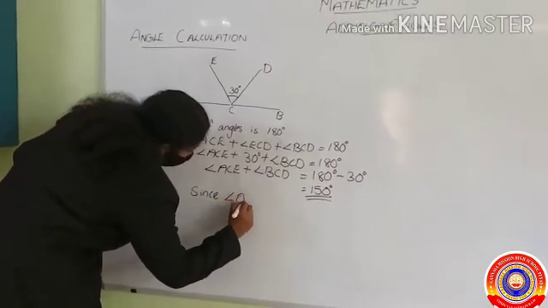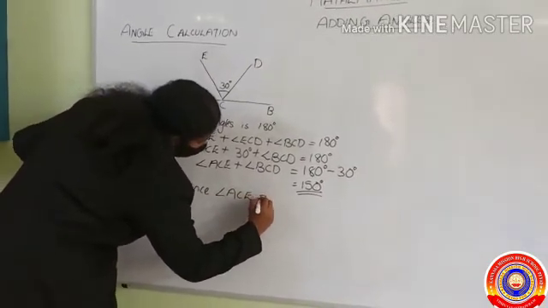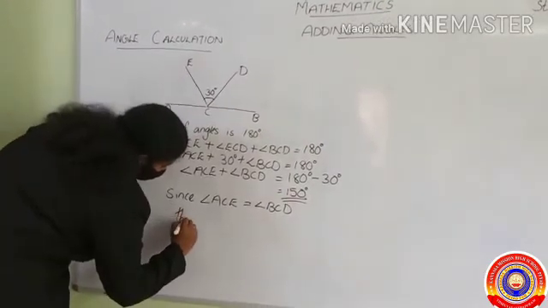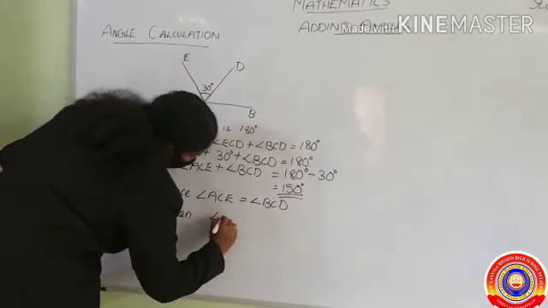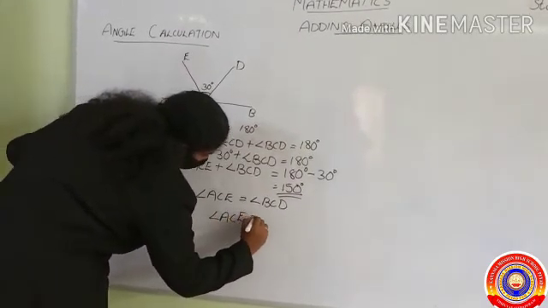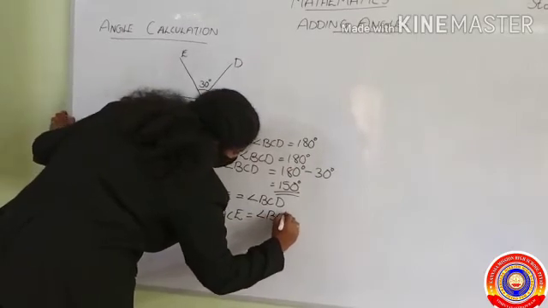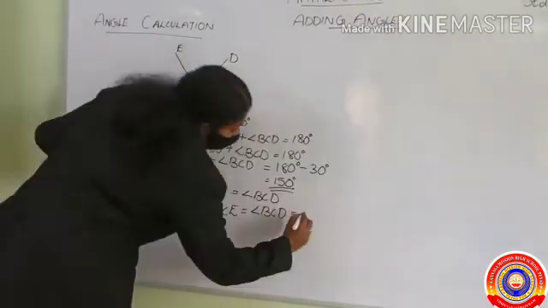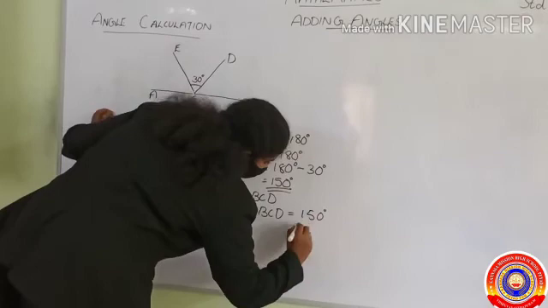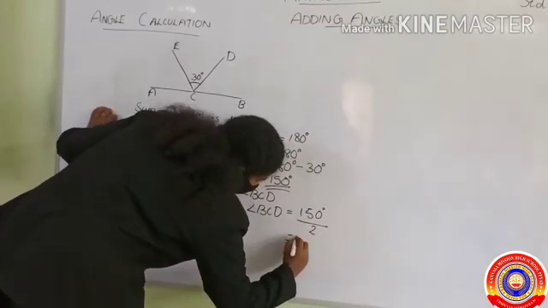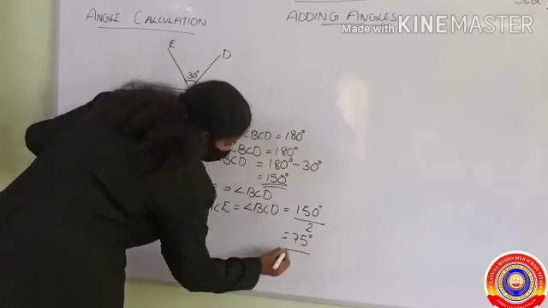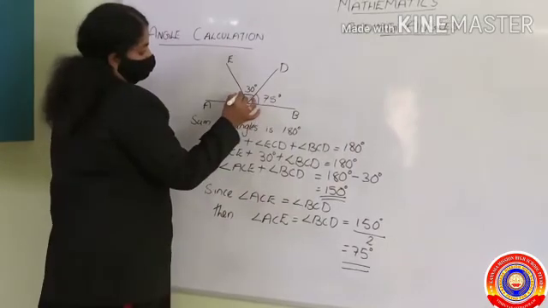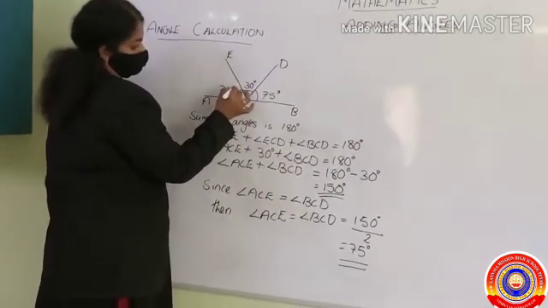Since angle ACE is equal to angle BCD, angle ACE equal to angle BCD is equal to 150 divided by 2. 150 degree divided by 2, which is 75 degree. So here we got the measurement as angle BCD is 75 degree and angle ACE is 75 degree.